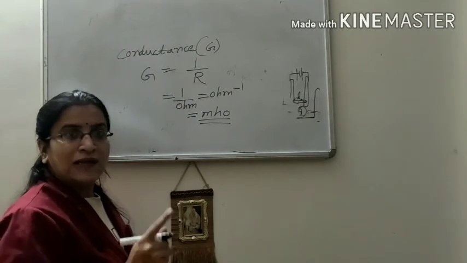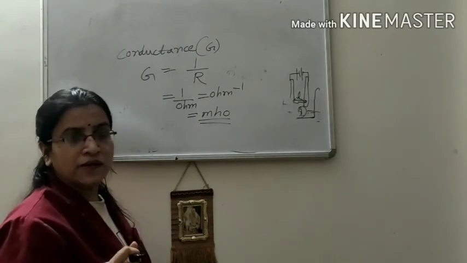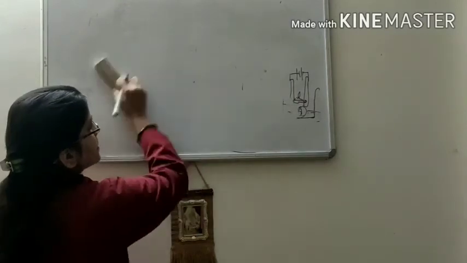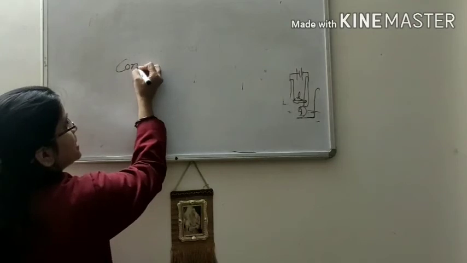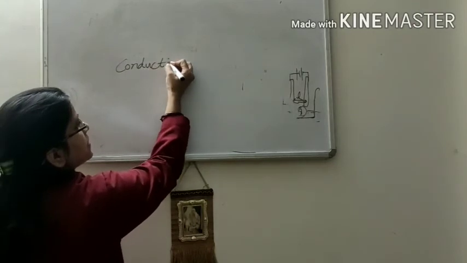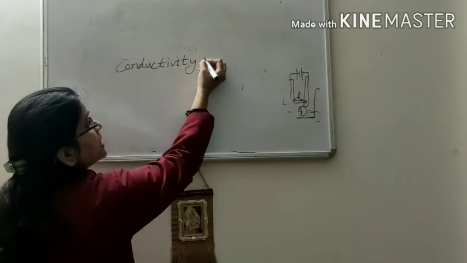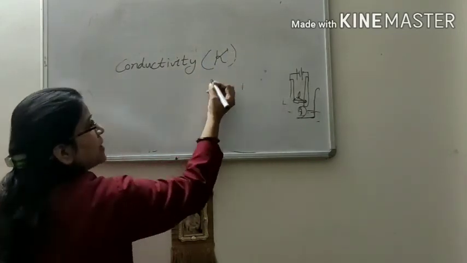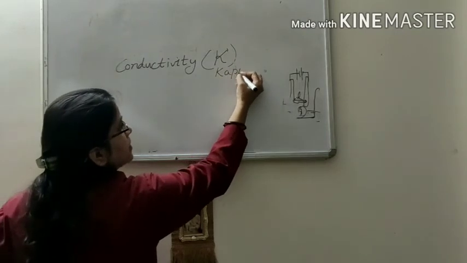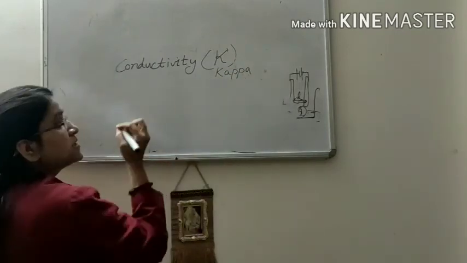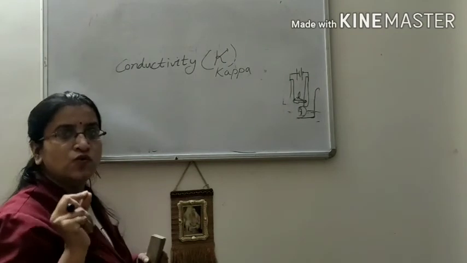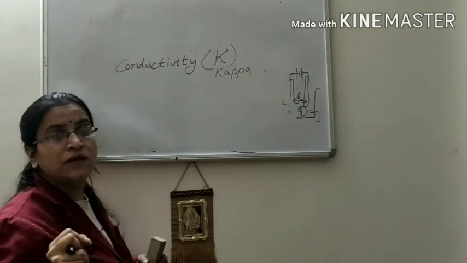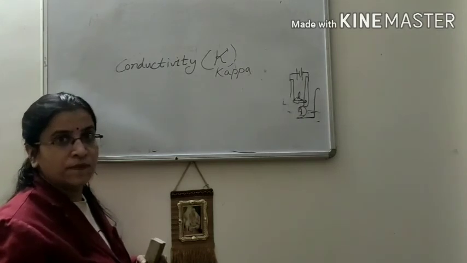Now, like resistivity, there is another term called conductivity. So next is conductivity. This conductivity is denoted by K. It is called kappa. This conductivity is the term which is used to measure the flow of current in 1 centimeter cube of a solution.